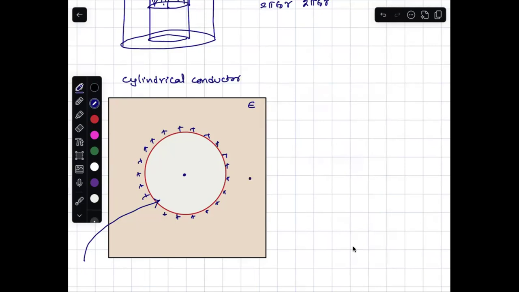And this is some point P, which is at a distance R.